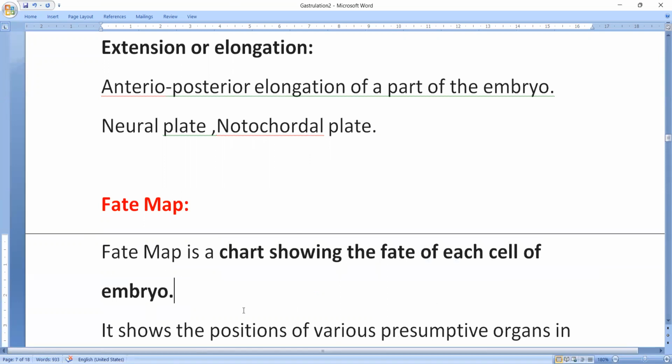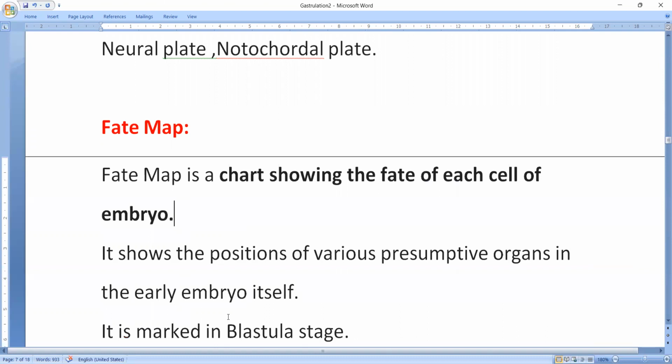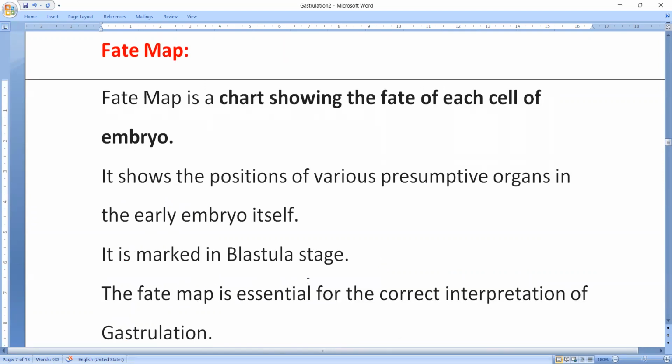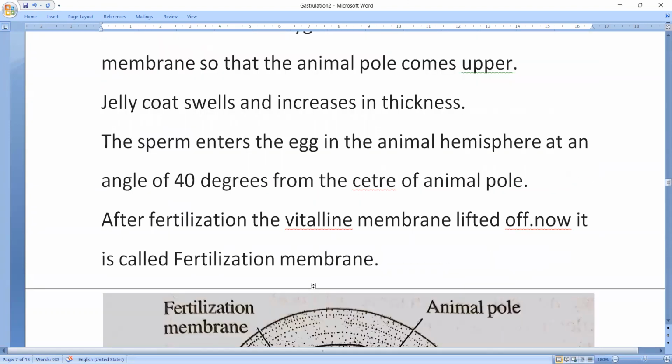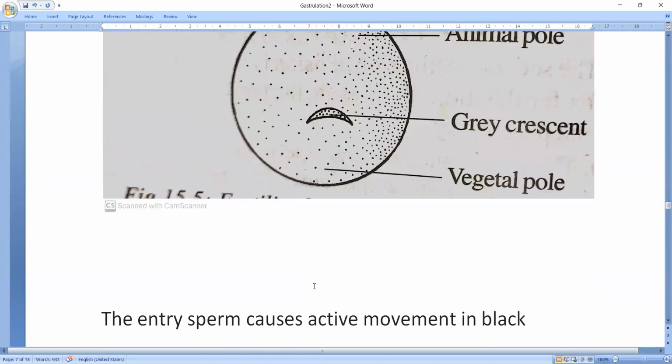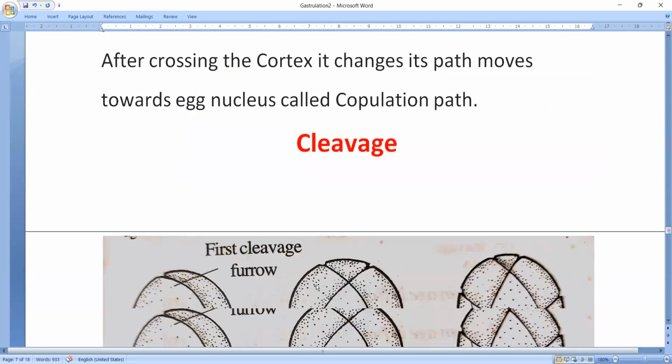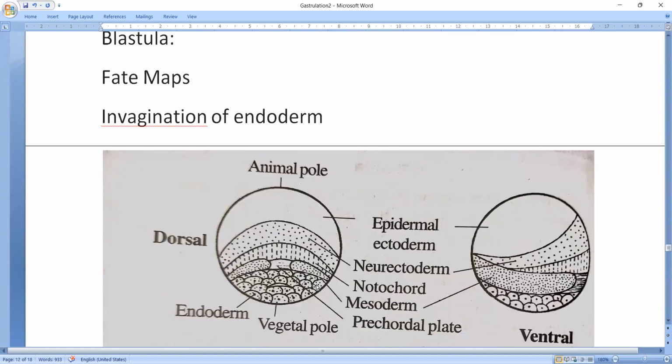It shows the positions of various presumptive organs in the early embryo itself. So this is a fate map.